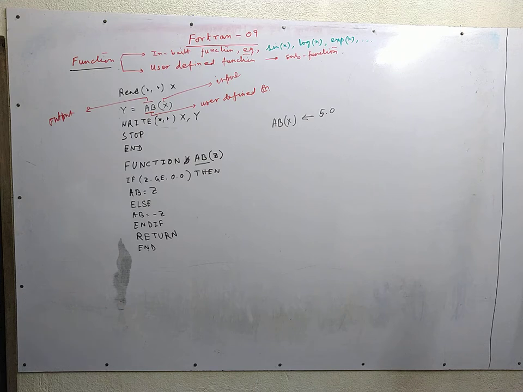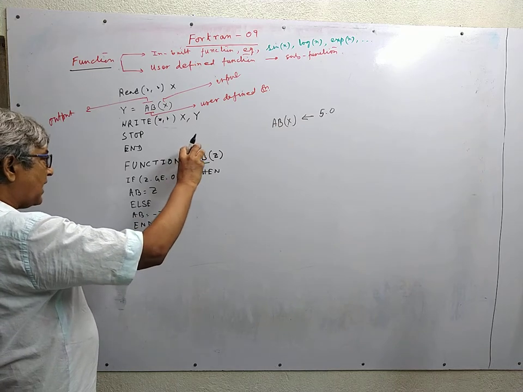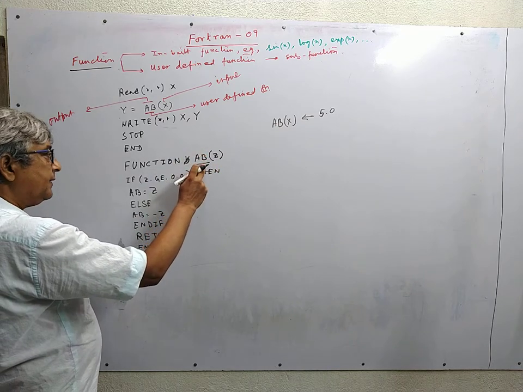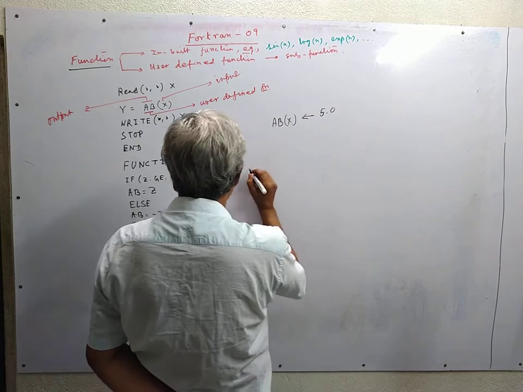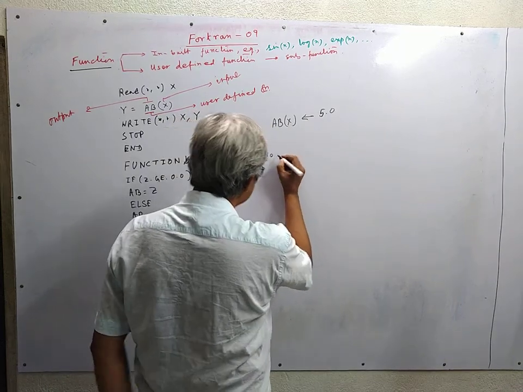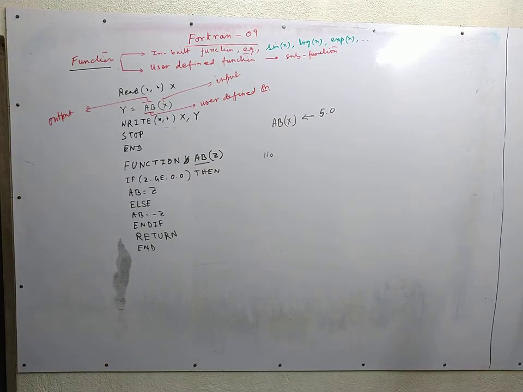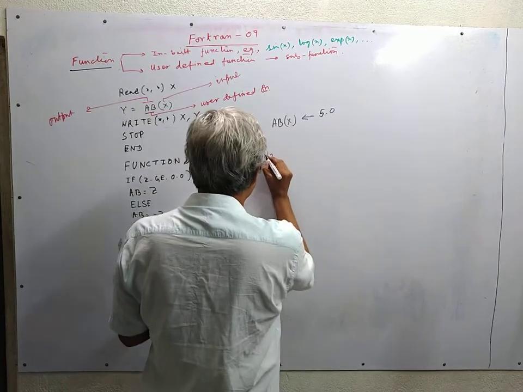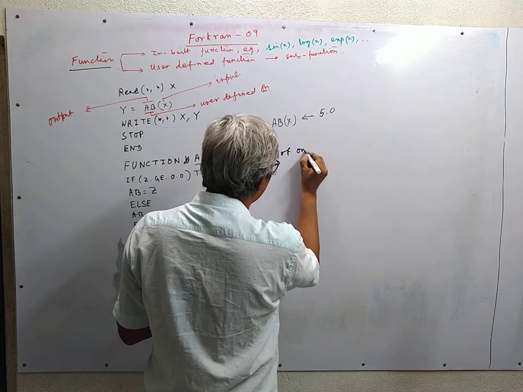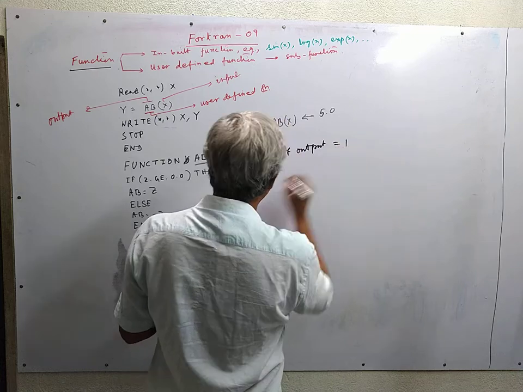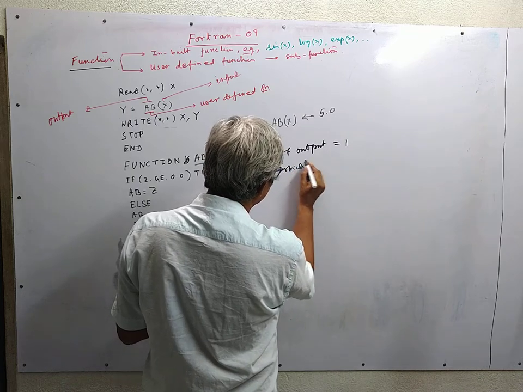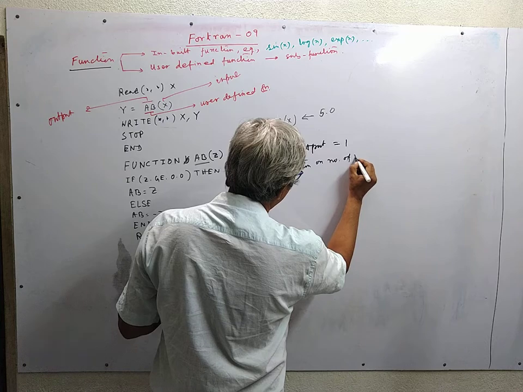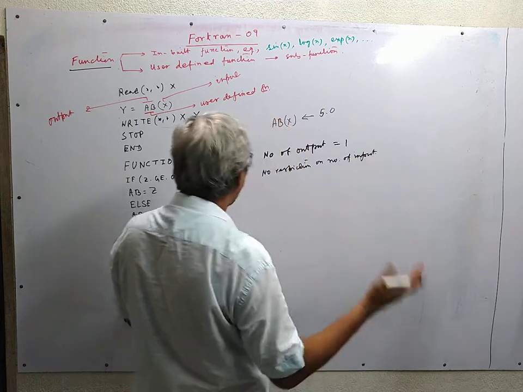There is a big restriction: as the output variable is defined by the name of the function, the number of outputs is restricted to 1. But there is no restriction on the number of inputs. Inputs may be 1, 2, any finite number.